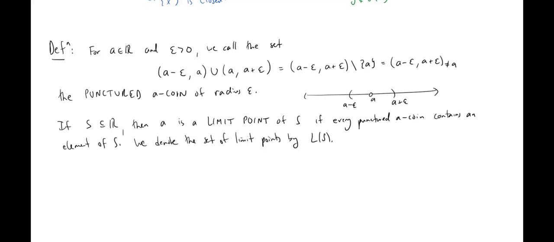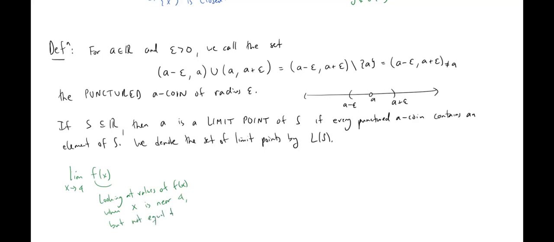Back when you were taking Calculus 1, you looked at things like the limit as x goes to 4 of f of x. And the idea here is that you were looking at values of f of x when x is near 4, but not equal to 4.